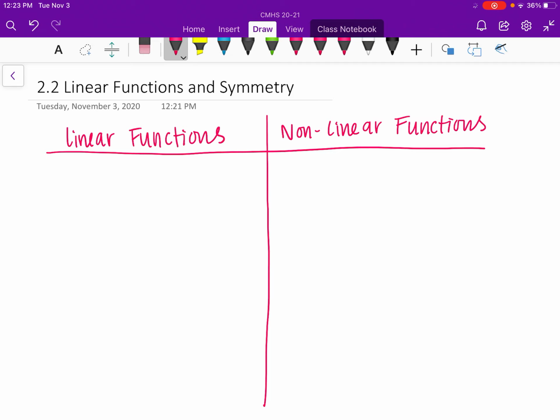So linear means line. So of course, if a function is linear, it is going to form a straight line. So the first point is forms a straight line when graphed.